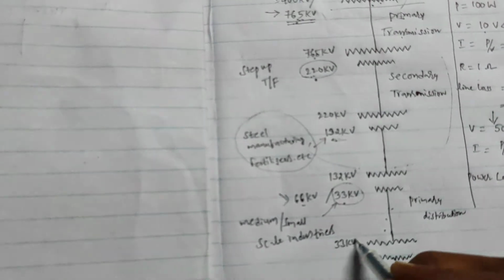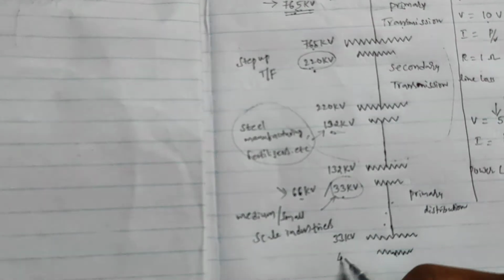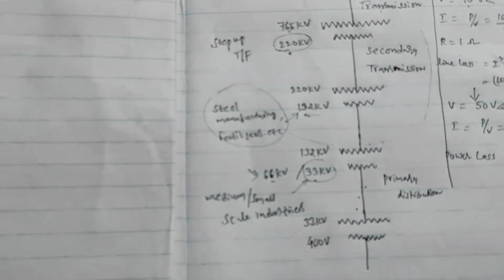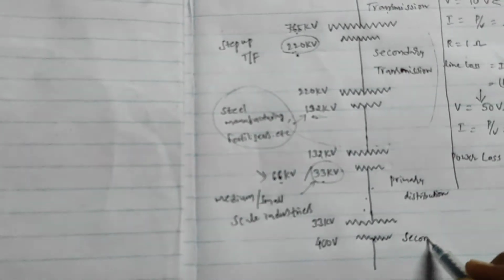It is 33 kV to say 400 volt. So that is where actual secondary distribution starts.